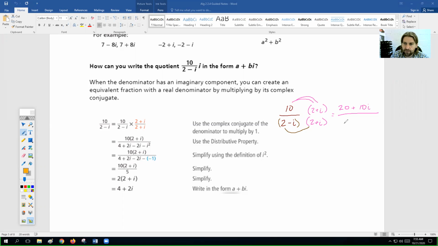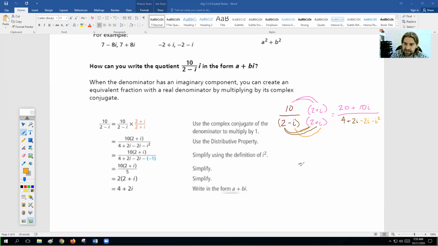2 times 2 is 4. 2 times i is 2i. Now multiplying the negative i, we get negative 2 times i, which is a negative 2i, and negative i times positive i is a negative i squared.